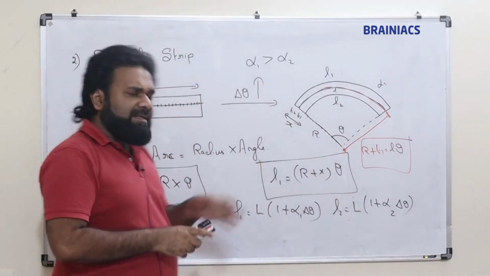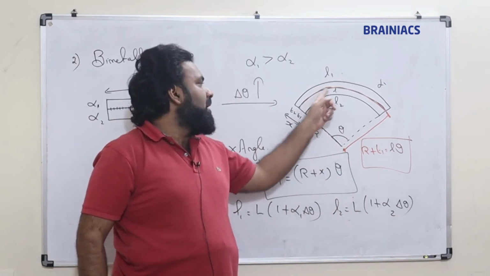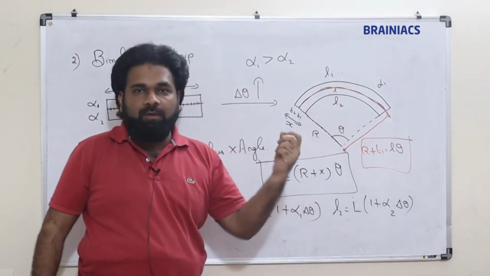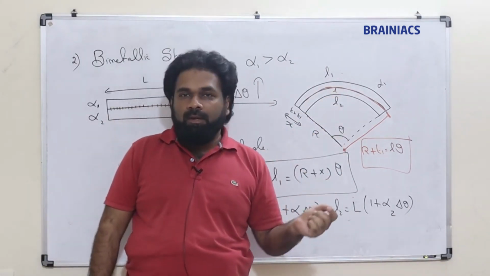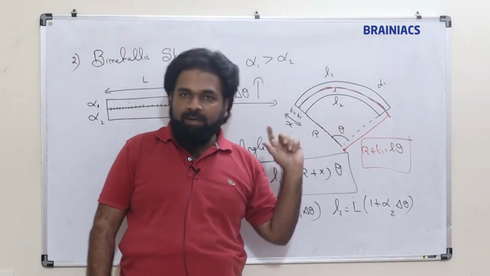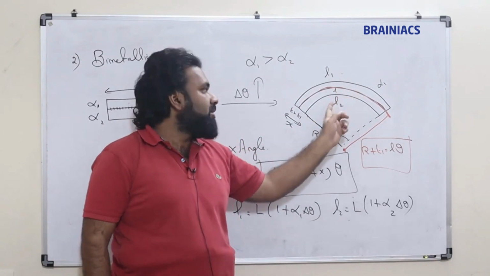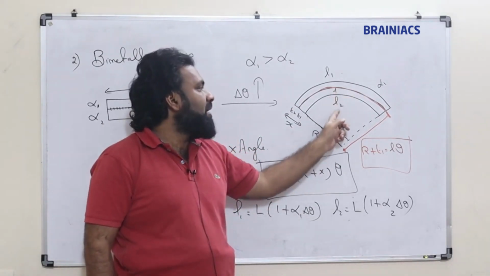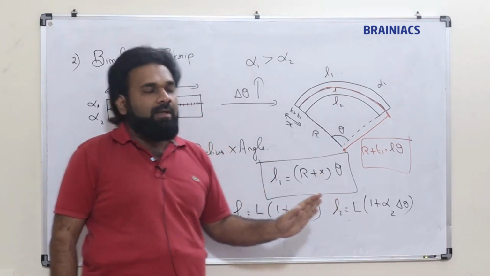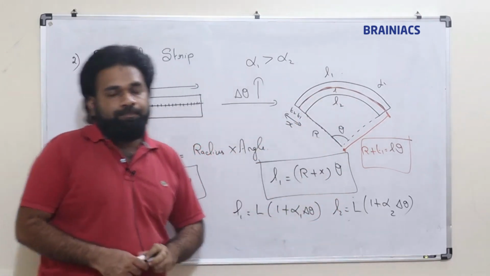Practically speaking, this intermediate length will have some slight variation in the dimension, but they will not consider that. Either they will give this L as L1 or L2, something like that. Then we will be able to manage them. Clear?